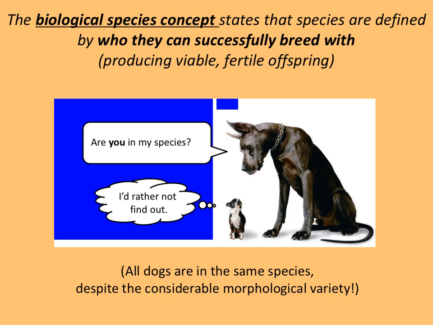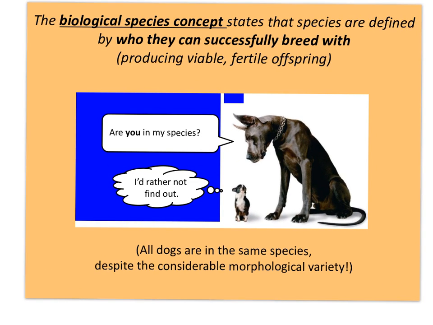So, the biological species concept states that species are defined by who they can actually successfully breed with. Are you my species? Well, that little guy is probably, I would rather not find out, right? But all dogs are the same species despite considerable variation.